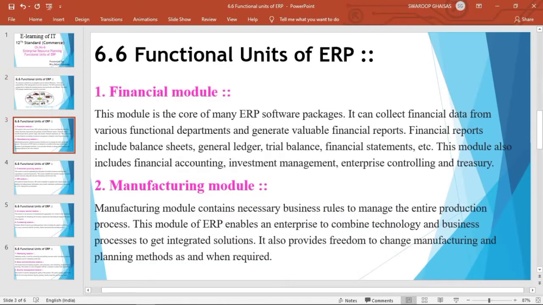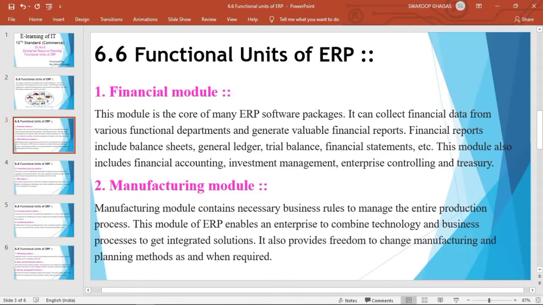First one is the financial module. This module is the core of ERP software packages, because it is related to all the different units of the ERP. It can collect financial data from various functional departments and generate valuable reports, that is financial reports, such as balance sheets, general ledger, trial balance, and financial statements.